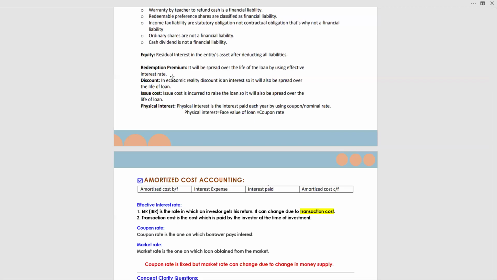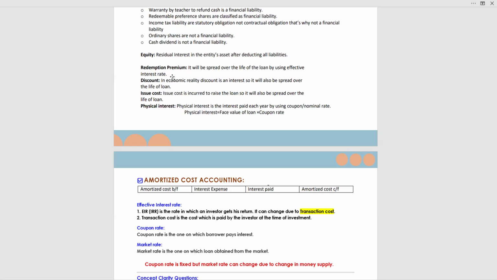Redemption premium will be spread over the life of the loan by using the effective interest rate. If you are obtaining a loan, then sometimes it is mentioned in the contract that I will pay you a redemption premium on the principal amount. Discount: in economic reality, a discount is an interest, so it will also be spread over the life of the loan.